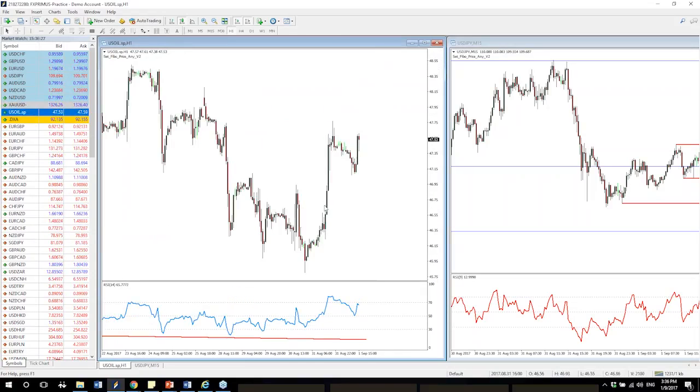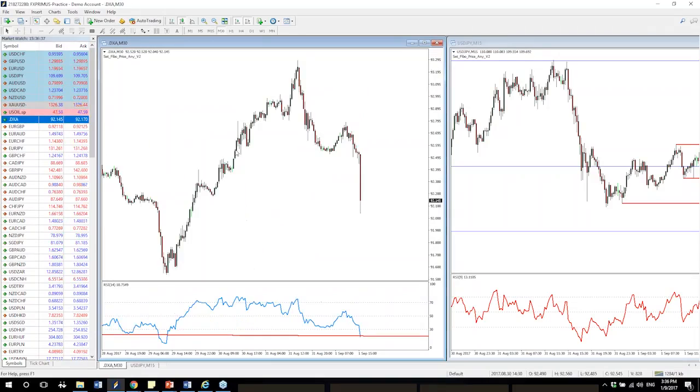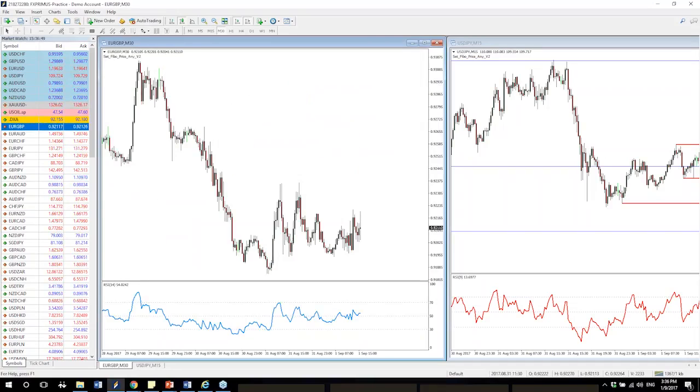The oil. The oil seems to be confused. And the DAX, of course, should be down as well. Okay, the DAX, I mean the index, sorry, it's 50 pips as well. On other crosses as well, nothing there.